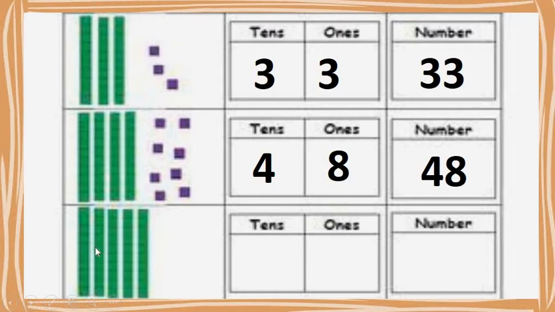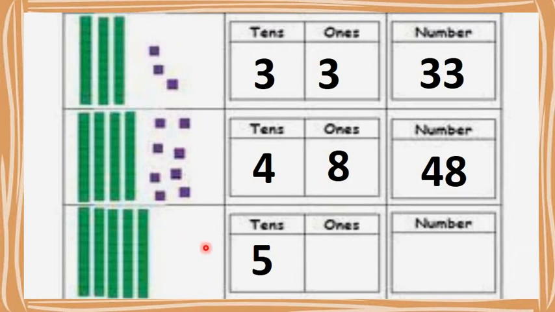Now look at this. How many tens are there? Look, 1, 2, 3, 4 and 5. There are 5 tens. So we have to write the number 5 in the place of tens. And look there, the ones place is empty. So what should we do?